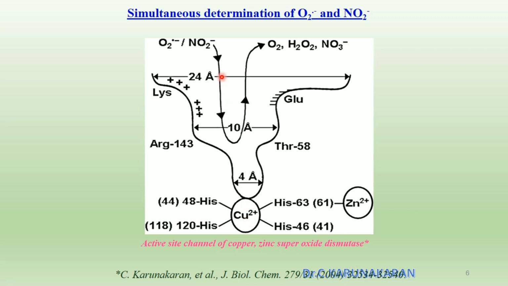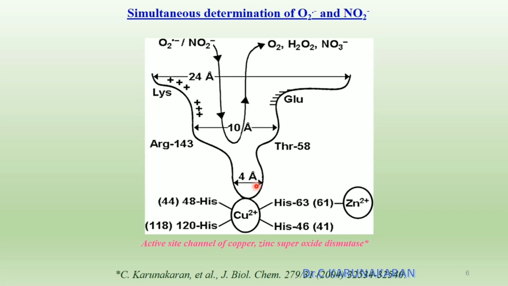Using this principle, we have developed a biosensor for DRDO for the simultaneous determination of superoxide radical and NO2 minus, because superoxide radicals are hypoxia biomarkers. Similarly, NO2 minus, NO2, NO are also hypoxia biomarkers.